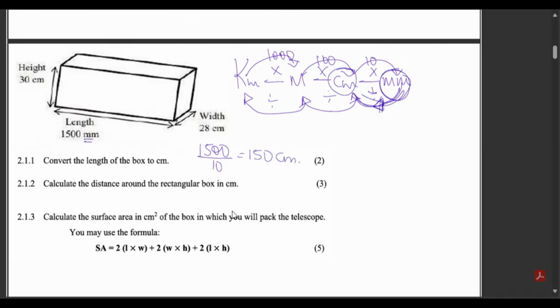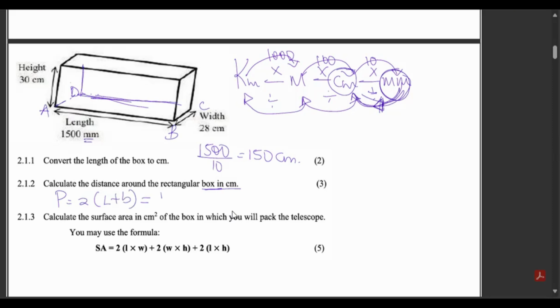Okay. Calculate the distance around the rectangular box in centimeters. The distance around. So meaning you move from here, you come there, you come there, then you go the other side. You understand? Something like this. So, in other words, we shall use P equals 2 into (L plus B), the distance around.